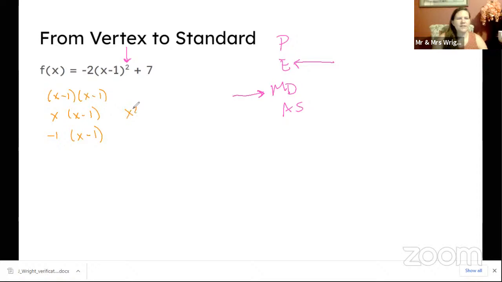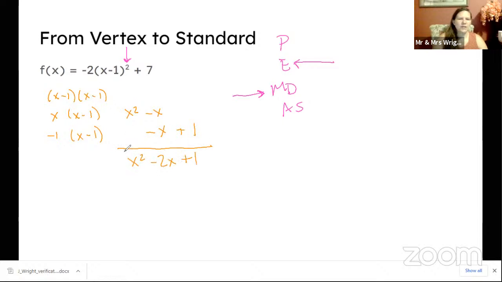So x times x is x squared, x times -1 is -x, -1 times x is negative x. -1 times -1 is positive, oops, +1, not +2. Let's undo that. +1. So then you have x squared, -2x, and +1.